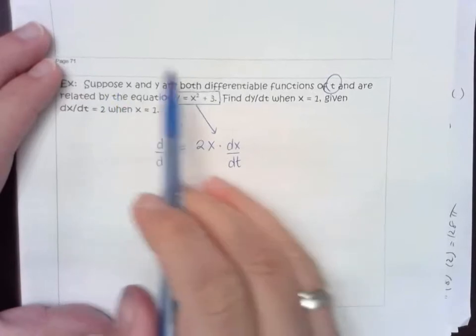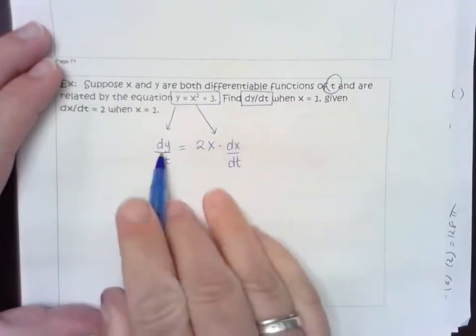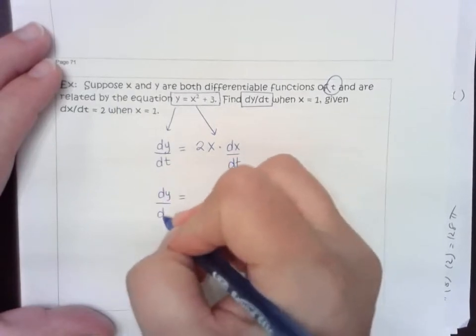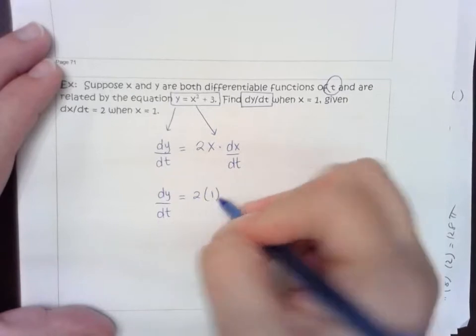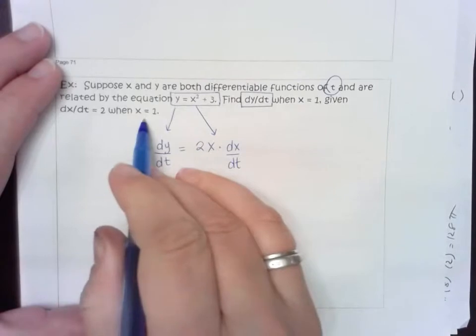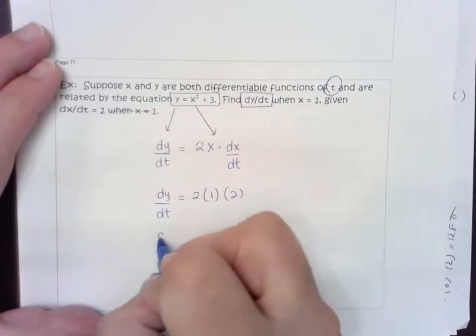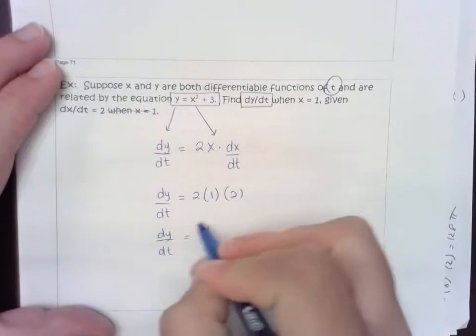Now, reading further, let's see what we're given. It says find dy/dt. So this part's going to be missing. When x is 1 and dx/dt is 2. I don't know why it says when x is 1 twice. We don't really need that. I can edit that later. So what this is saying to me is that dy/dt is equal to 4.